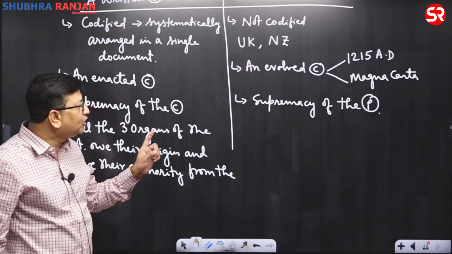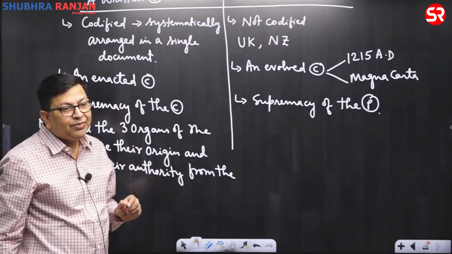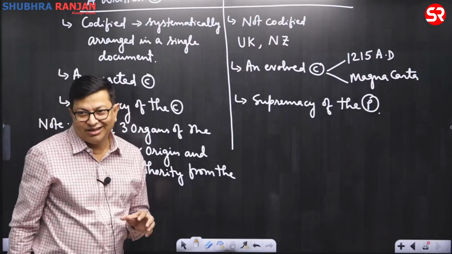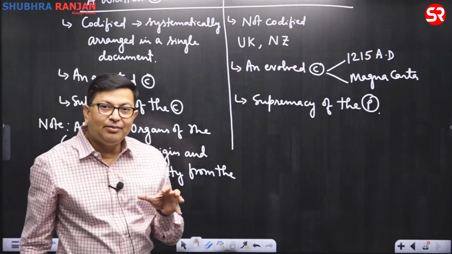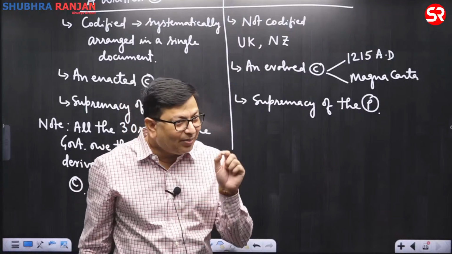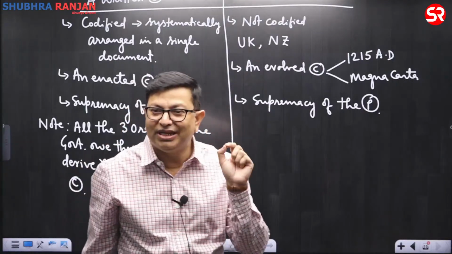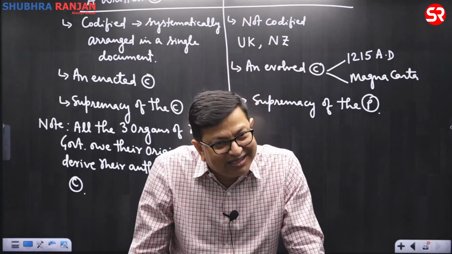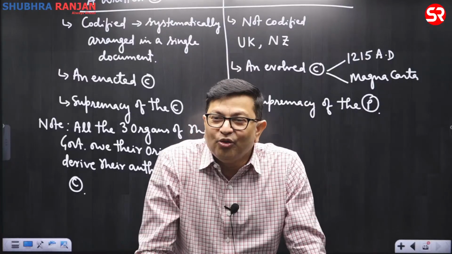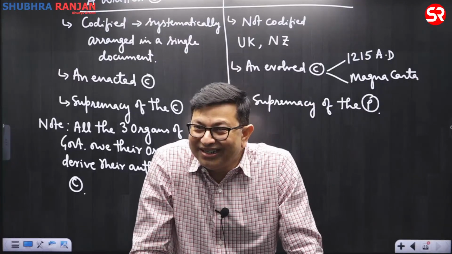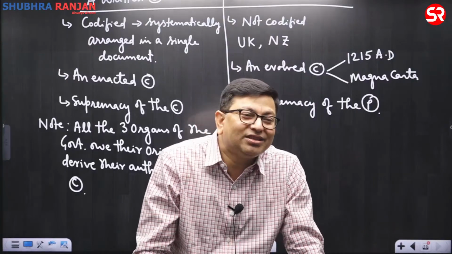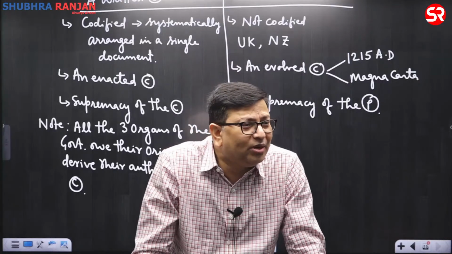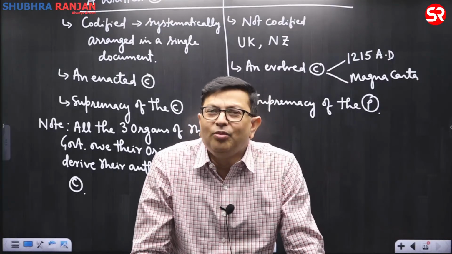Now here, when we say supremacy of the parliament, you see, where there is a written constitution, the powers of the parliament are defined, that the parliament will make laws on these subjects, and this will be the process that will be followed by the legislature. But when things have not been written down, the parliament itself makes laws, obviously it is the supremacy of the parliament, because there is no constituent assembly, nothing, so you make your own laws.